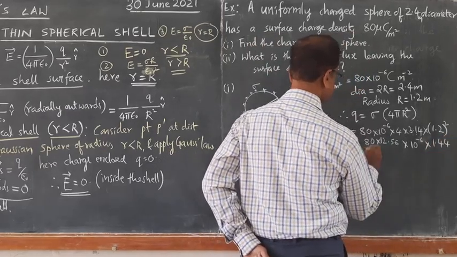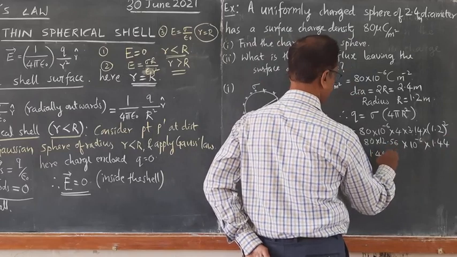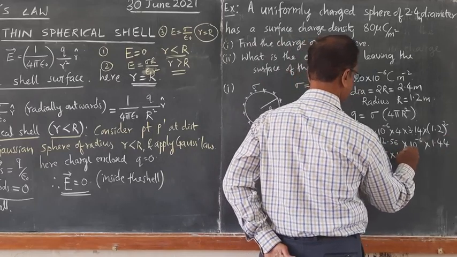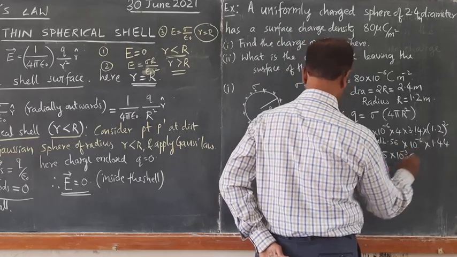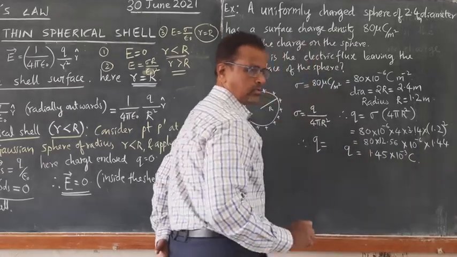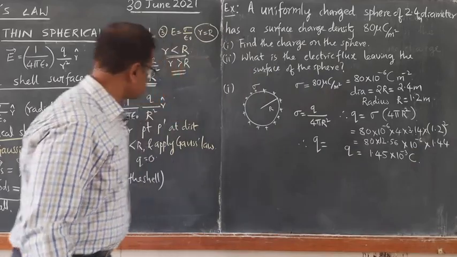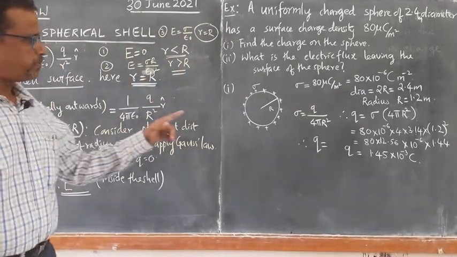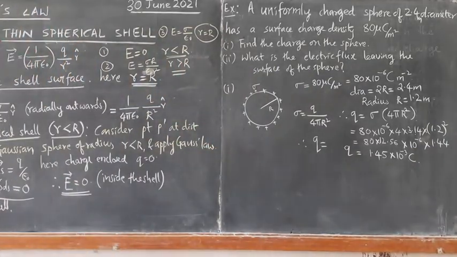If you multiply this, you are going to get 1.45 into 10 raised to minus 3 coulomb. So, Q is equal to 1.45 into 10 raised to minus 3 coulomb.